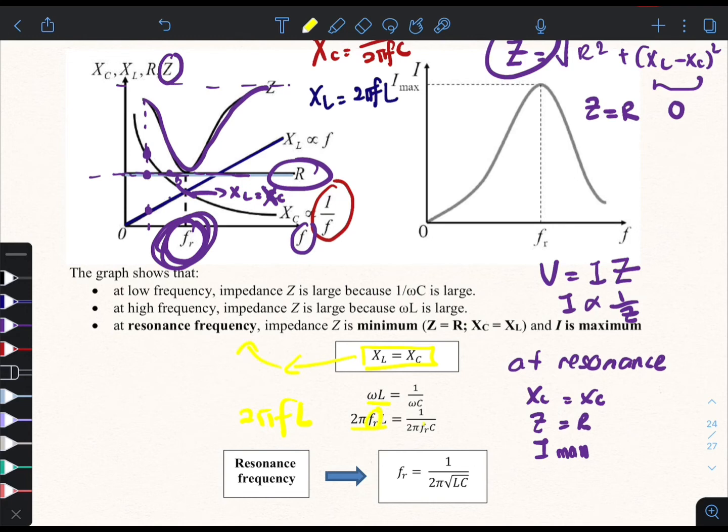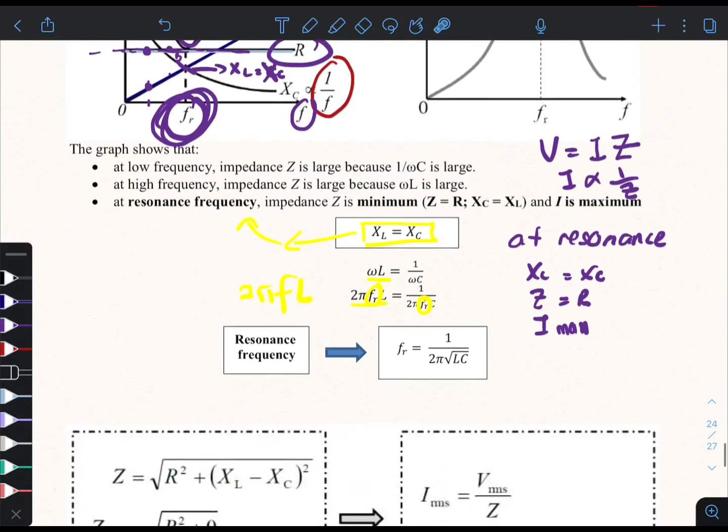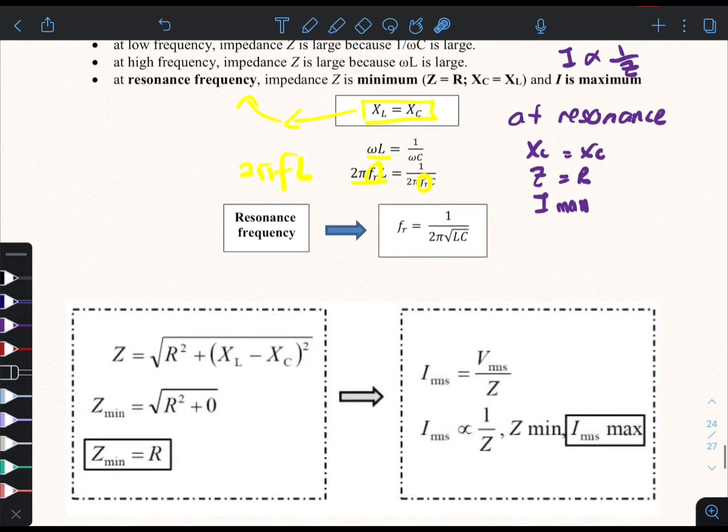Therefore, frekuensi yang kita nak tulis dekat sini, kita tulis sebagai FR terus. And then you rearrange this equation to get the value of your FR. Your FR akan sama dengan 1 over 2 pi root of L darab dengan C, iaitu nilai inductance dan juga capacitance kamu ini. Okay, so this is your resonant frequency.